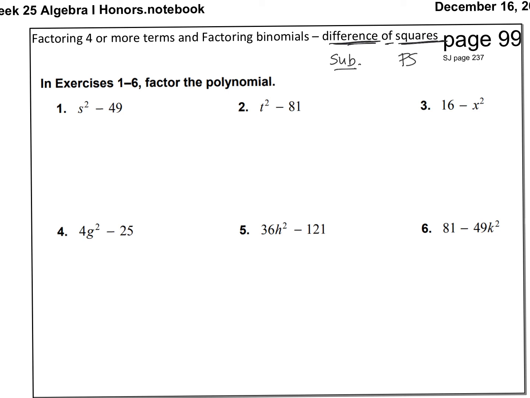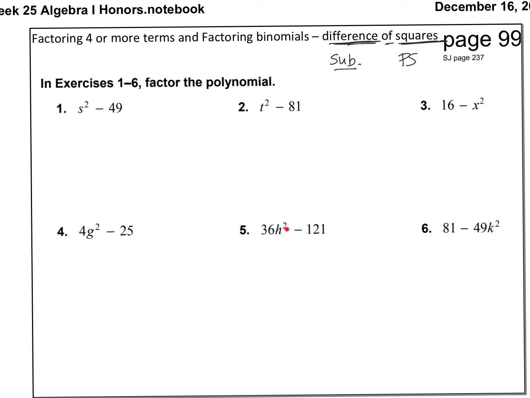So if you look at every one of these, s squared is a perfect square because s times s is s squared. 49 is a perfect square because 7 times 7 is 49. t times t, 9 times 9, 4 times 4, x times x, 2g times 2g, 5 times 5, 6h times 6h, 11 times 11, 9 times 9, 7k times 7k.